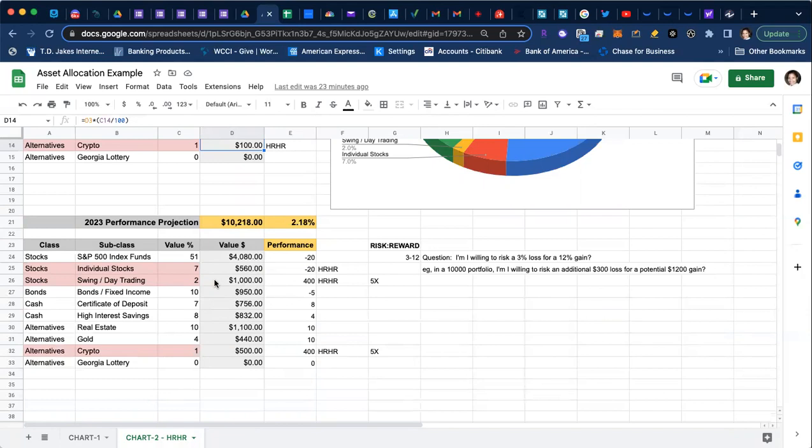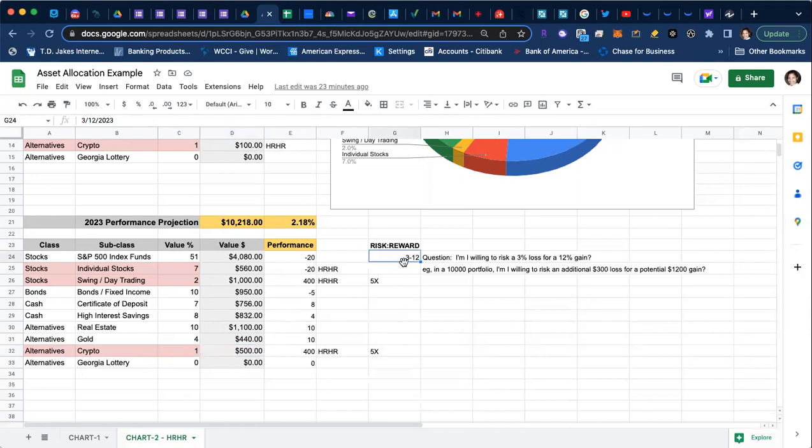So my swing trading allocation goes from $200 to $1,000, a 5x. Same thing for crypto. My $100 turns into $500. So here, between those two high risk investments, I got that high return that I was convinced that I could get. I was able to get it. So that means that my $300 investment turned into a $1,500 gain, right?